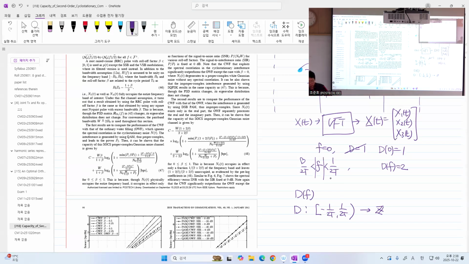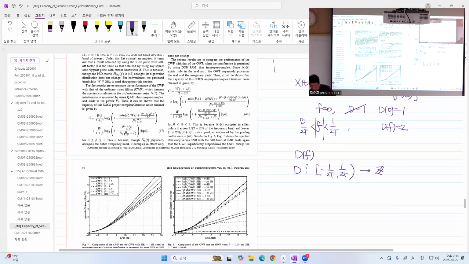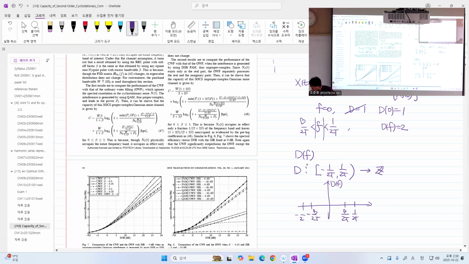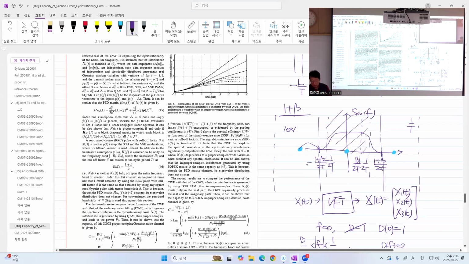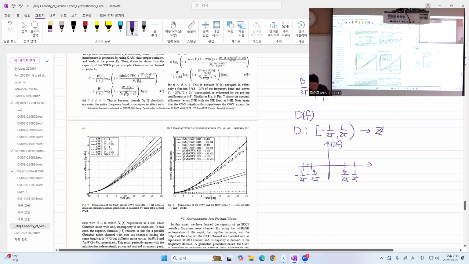And what do you have? Interestingly, in our case of beta between 0 and 1, you have 1, 2, and 2.